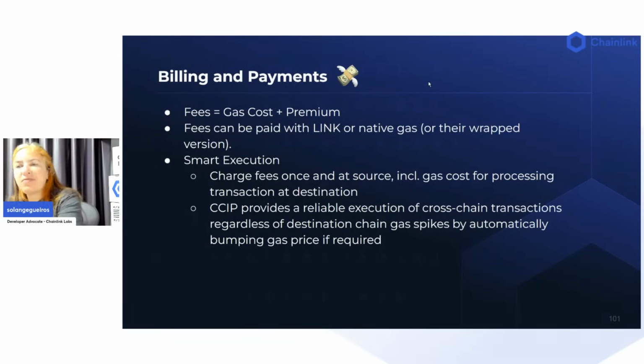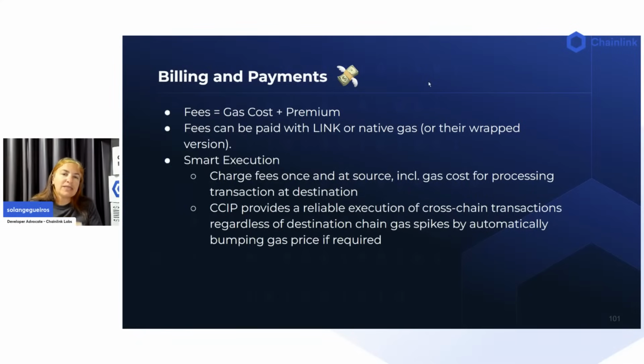Another point before we go to the hands-on part, we must talk about billing and payments. How can we pay fees? Because imagine, when we send a transaction to another chain, we must pay fees on the destination blockchain. How can I pay this? First of all, we always pay the fee on the source blockchain.